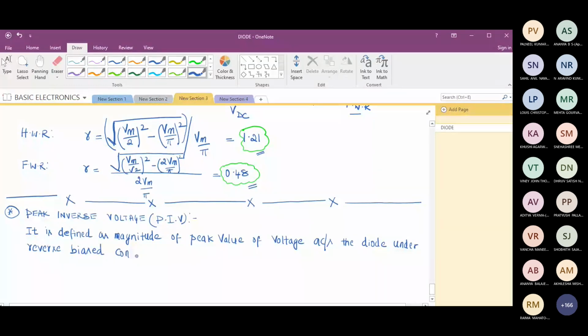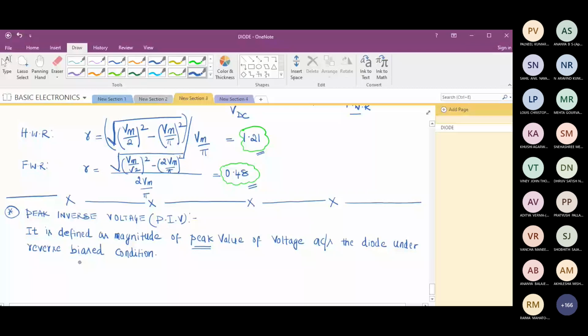So we define it as the magnitude of the peak value, meaning the maximum value of voltage across any diode under reverse bias condition. In short, the magnitude of the maximum value of voltage across a reverse bias diode.